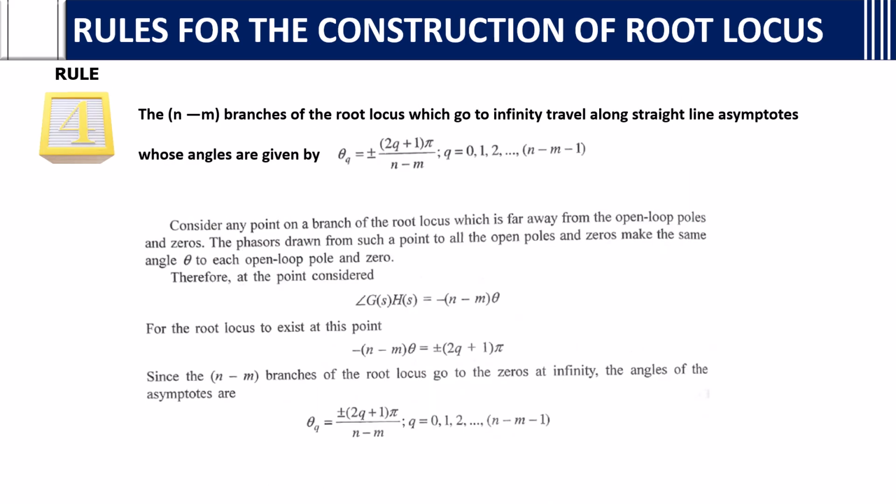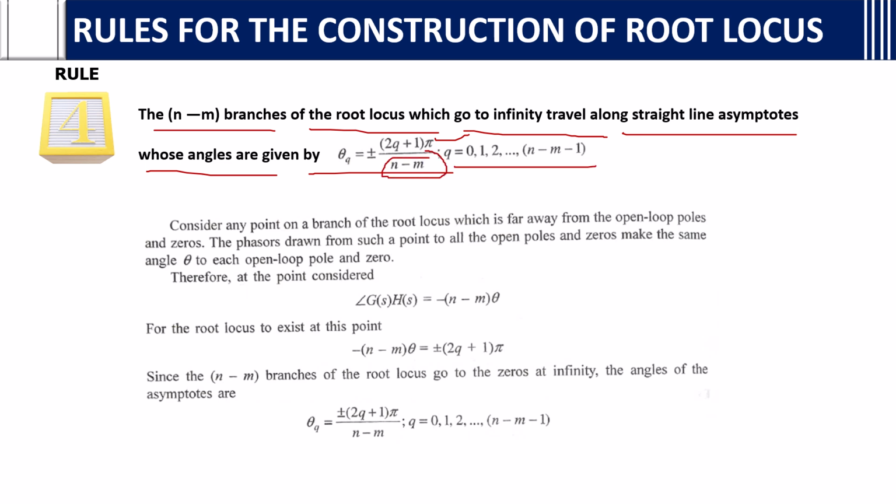Fourth rule. The n minus m branches of the root locus which go to infinity travel along straight line asymptotes whose angles are given by theta q equals plus or minus (2q plus 1) times pi divided by (n minus m). This is the phase angle condition divided by n minus m.